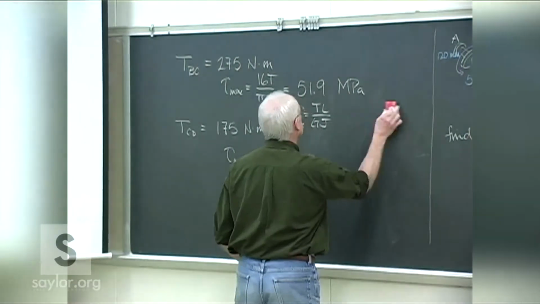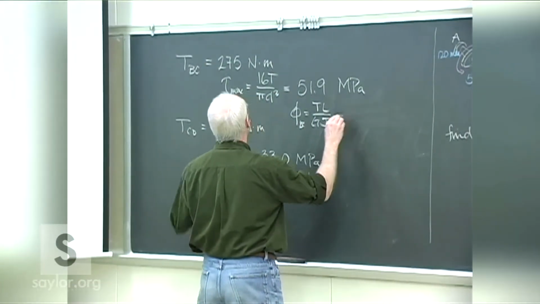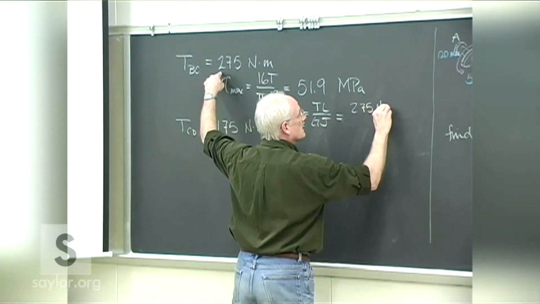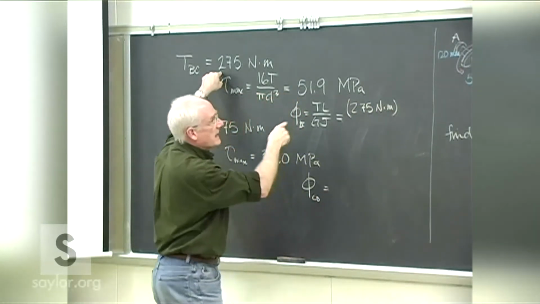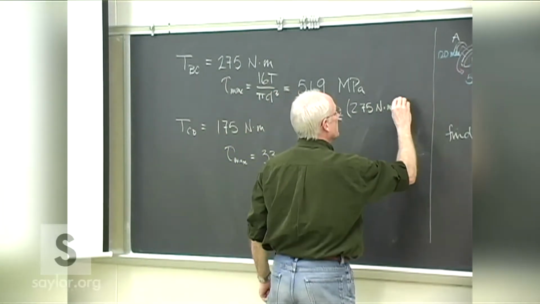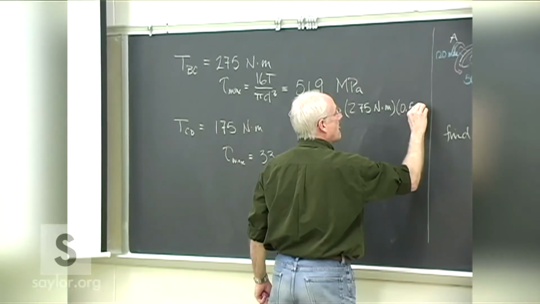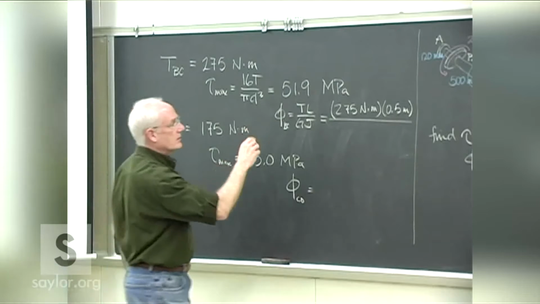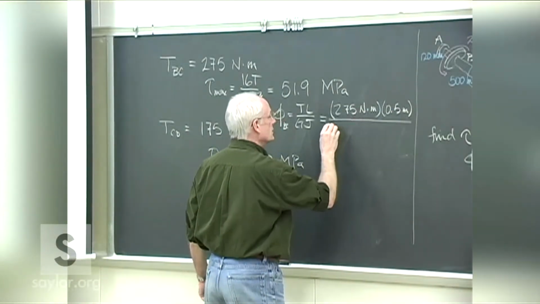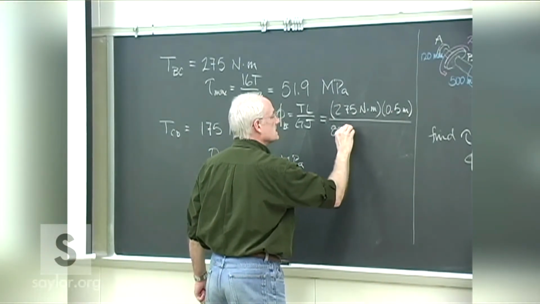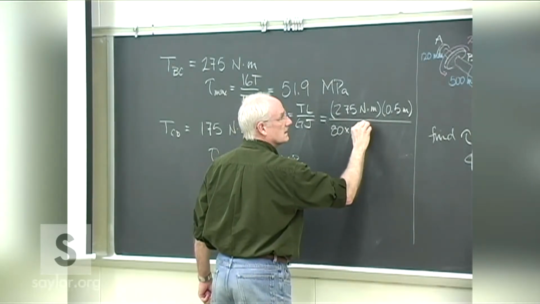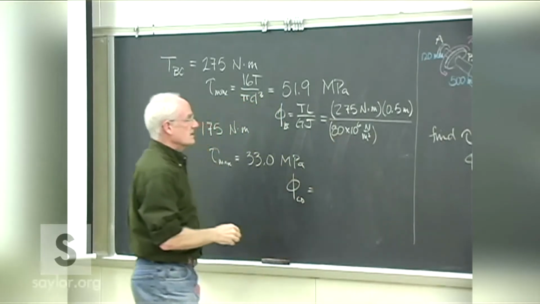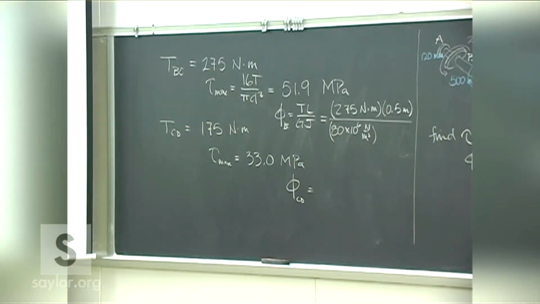All right, well, let's see. The load, 275 Newton meters. The length, half a meter. G, 800 megapascals. If everything's in newtons and meters, that's 10 to the 6th newtons per square meter. That's Pascal, so that's a megapascal there, right?